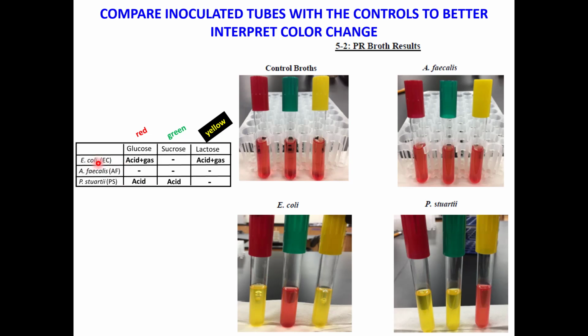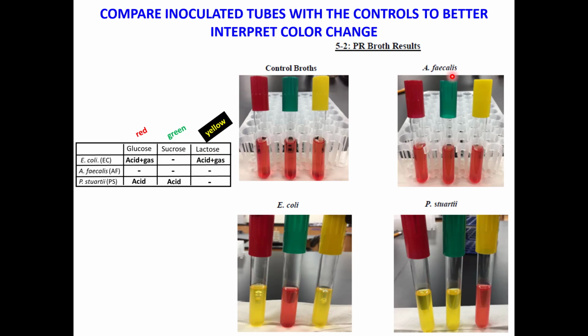So that's why we see here E. coli, acid plus gas, for glucose. Now if we look at sucrose, there's no difference between this color and this color, and that's how you see negative in here. There's nothing going on. Okay, now when you look at lactose, you see the same result as we saw for glucose compared to the control. So that's why you have here acid plus gas.